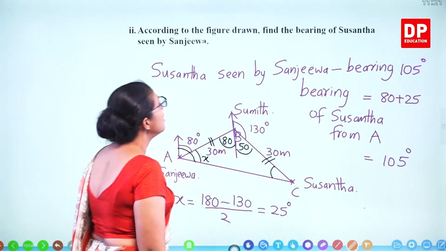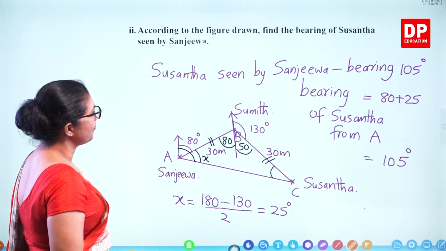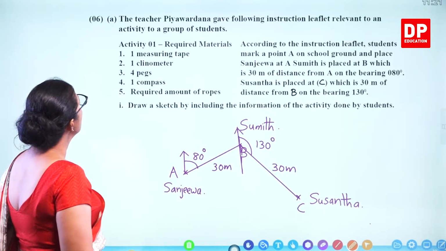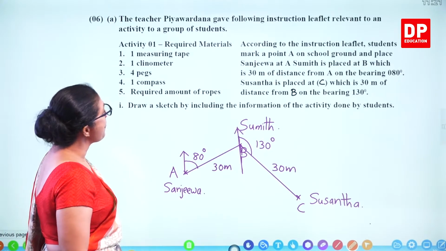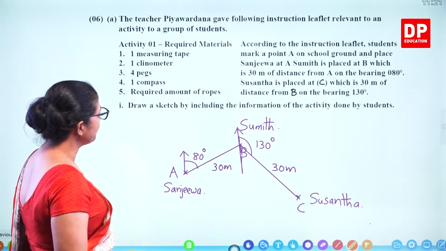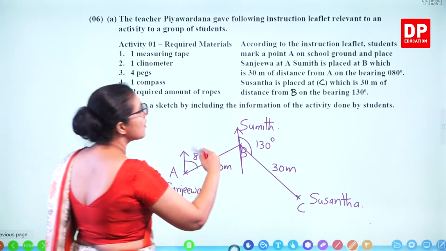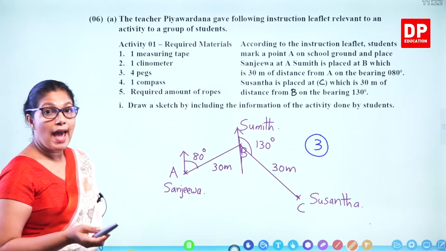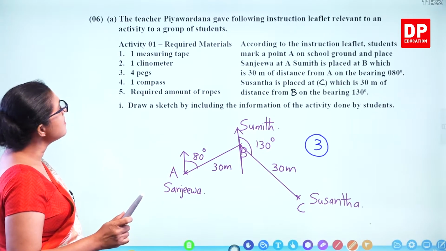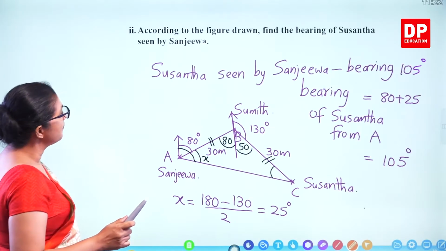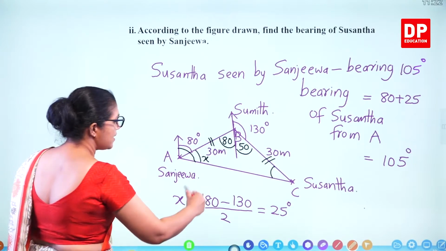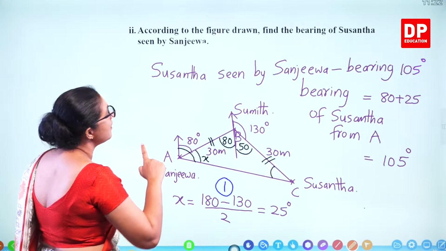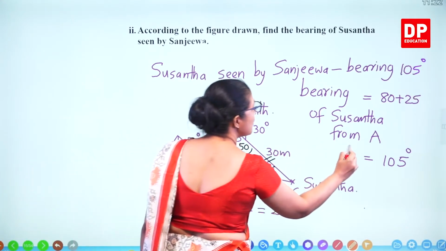Now we'll give marks. So 2 parts here. Part A. So you can get 3 marks for this sketch with angles and distances and calculating the value 1 mark here and 1 mark for the final answer.